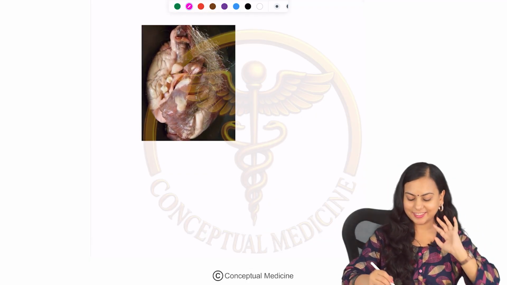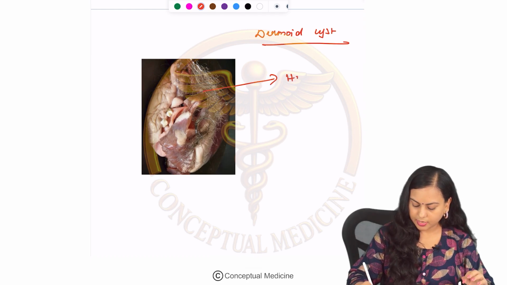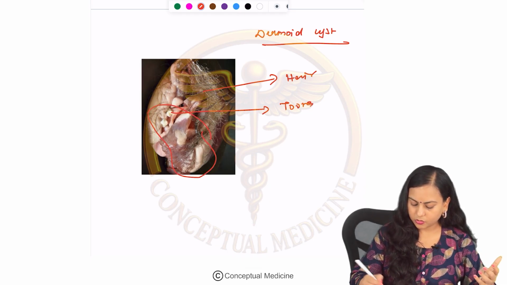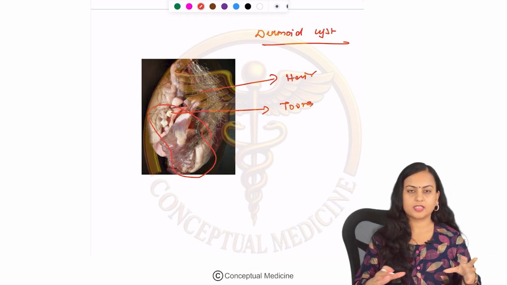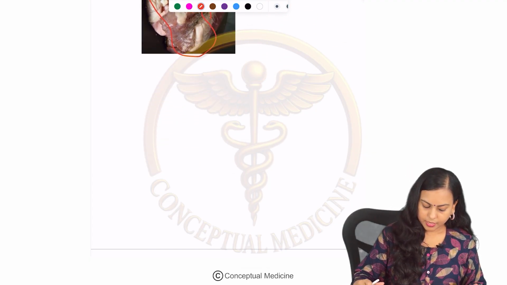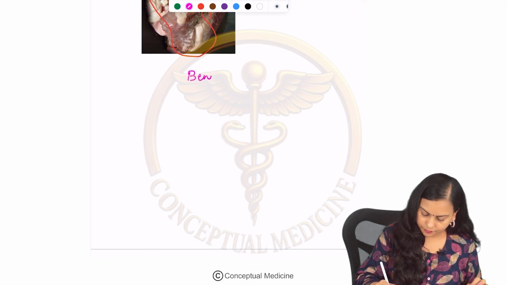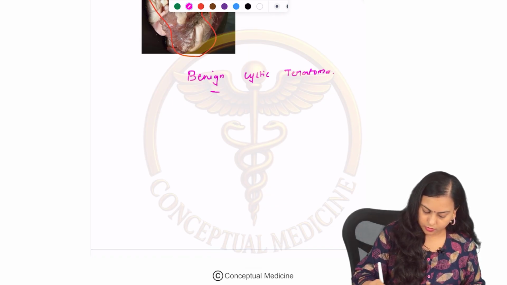So this is a dermoid cyst, right? It doesn't need any introduction, but you are able to see hair follicles, tooth, bone, and so many types of other tissues. Definitely these are not ovarian tissues, right? So a dermoid cyst is nothing but a benign cystic teratoma. Okay.